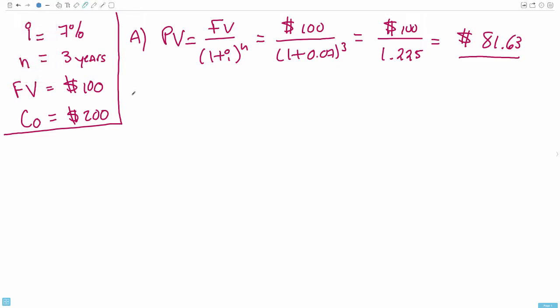Now, let's complicate this a little bit more using a different present value formula. This is what we call the present value of a stream of benefits, a stream of income.